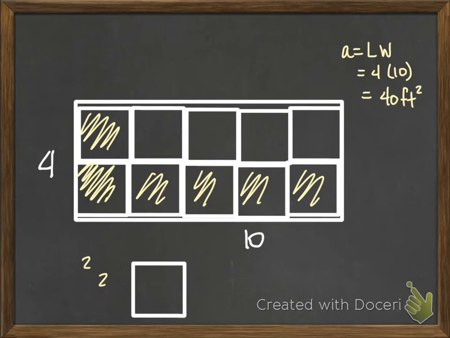So in this case, there were 10 smaller boxes, and my basic measurement was 4 feet by 10 feet. I said there were 10 of the smaller boxes, and each of the boxes was 2 feet by 2 feet.